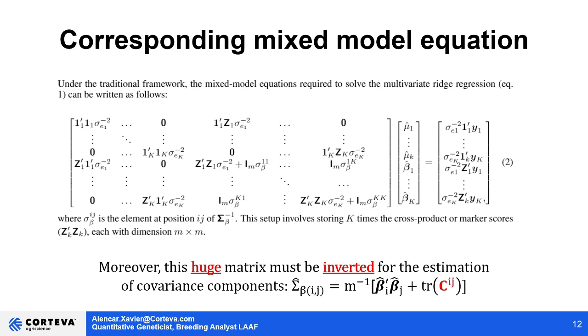And another thing to keep in mind is that every time we compute or update the variance components, we have to invert the left-hand side of the equation. So just to illustrate, if we are working with maybe 3 traits and you have 1,000 markers, when we are working with the univariate framework, the left-hand side would be 1,000 by 1,000 for each of the 3 traits. However, working with multivariate, you're going to have one 3,000 by 3,000 matrix.